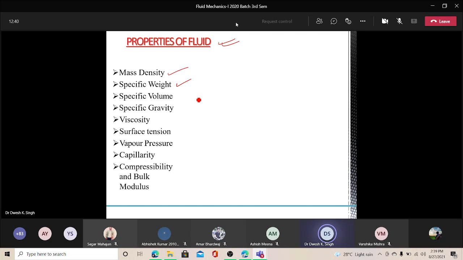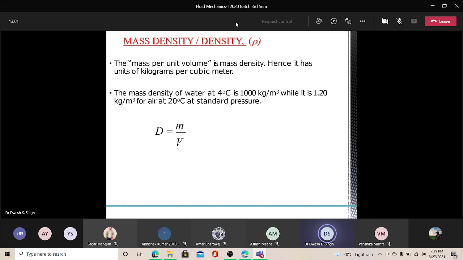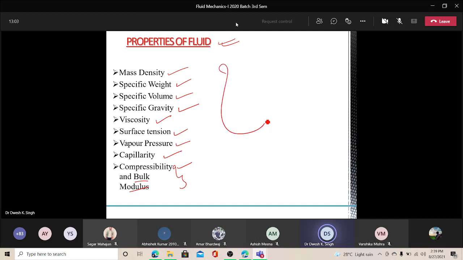Then viscosity, surface tension, vapor pressure, capillarity, compressibility, and then bulk modulus. Compressibility and bulk modulus are related, so generally both are written under the same topic. Now let me start all these properties one by one.